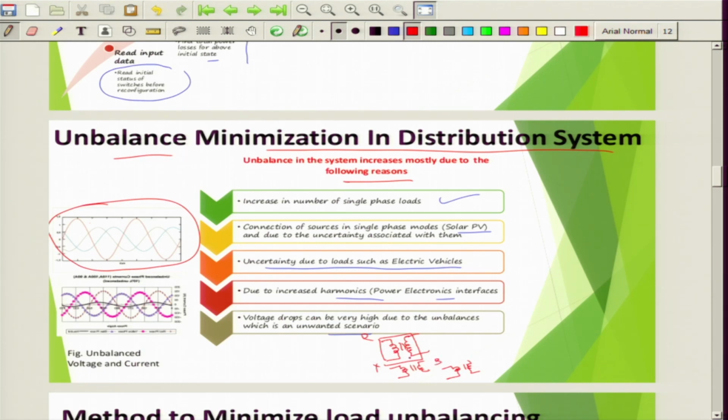Then there are loads being connected across them, and these loads are variable loads. As I already mentioned, at any given point of time the R phase load, Y phase load and B phase load may be different.